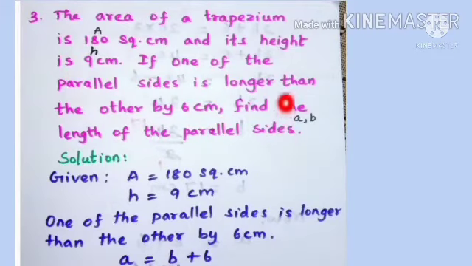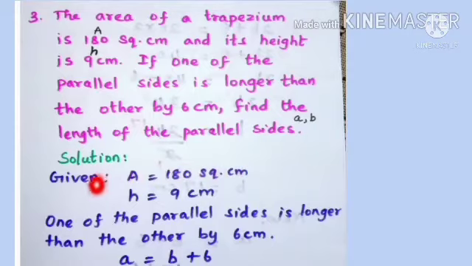So here by using this condition, we have to find the values of A and B. The area of the trapezium is given, the height of the trapezium is given, and one condition is given. So by using all these values, we have to find the length of the parallel sides A and B.